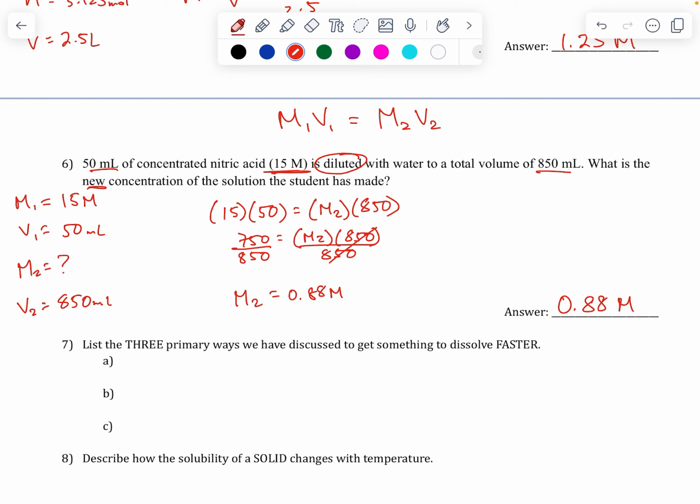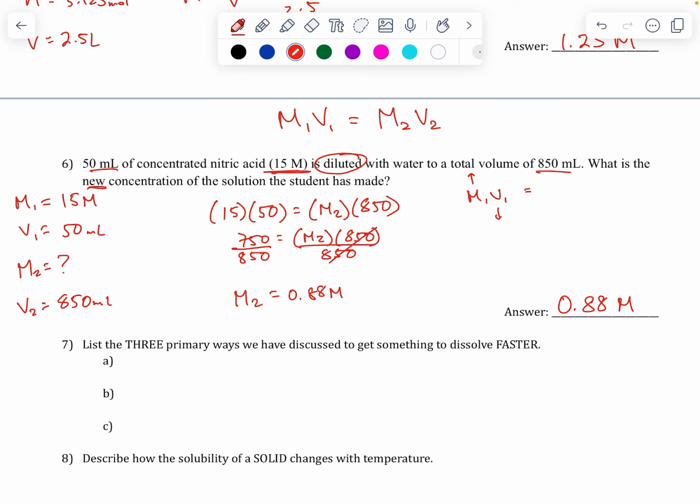Now, again, does this make sense? When you dilute something, you make it less concentrated because the volume goes up, right? That's the whole idea. M1 and V1, for the most part, have a higher concentration because there's a lower volume.